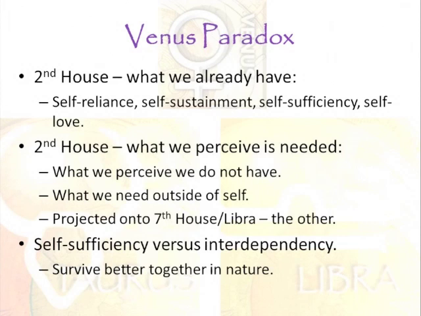Now, if we look at this from a matriarchal perspective, this is exactly what this self-sufficiency versus interdependency point is describing. That we will survive and evolve better together. This giving, sharing, and including.